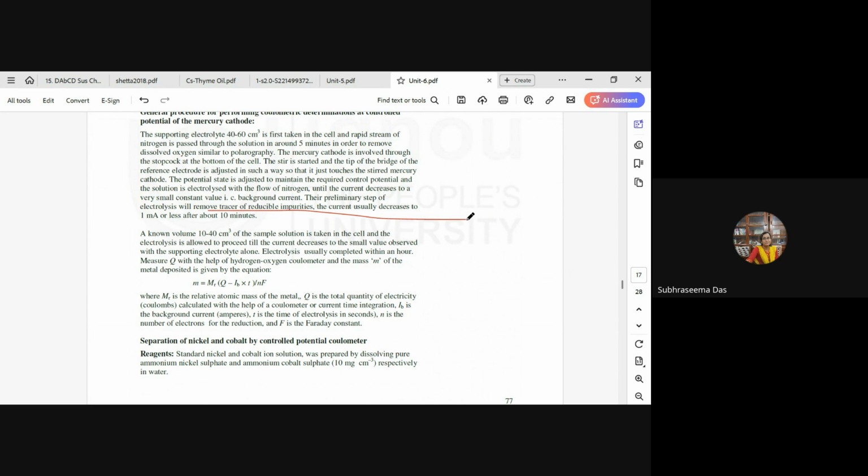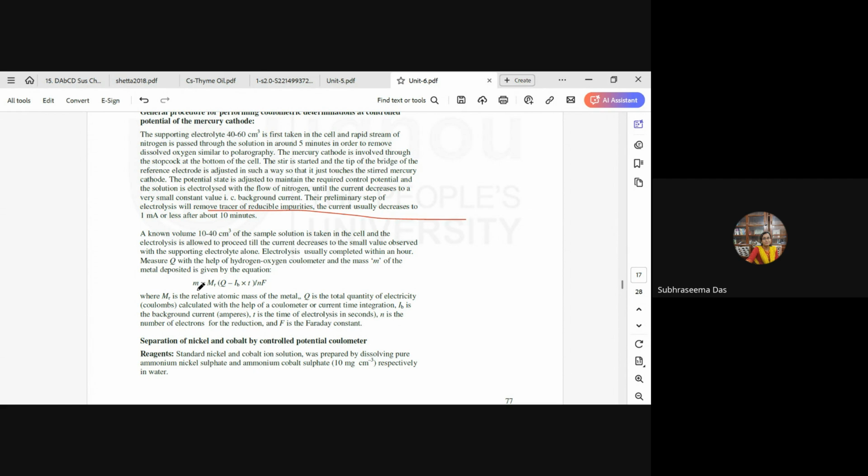Then 10 to 40 ml of the sample solution is taken in the cell, and the electrolysis is allowed to proceed until the current decreases to a small value. Then we have this formula using Faraday's law.